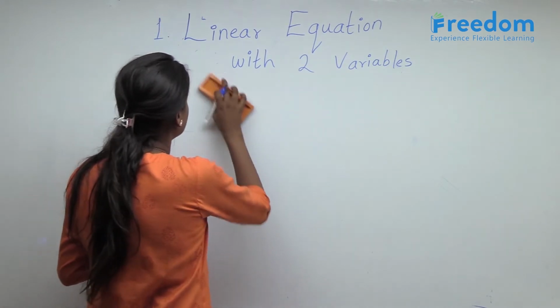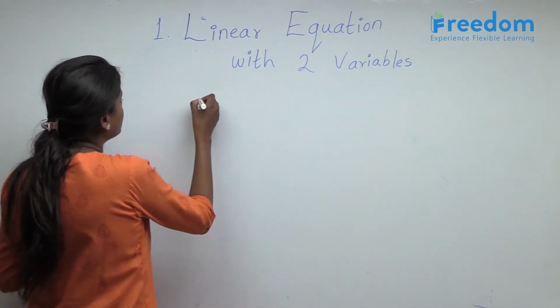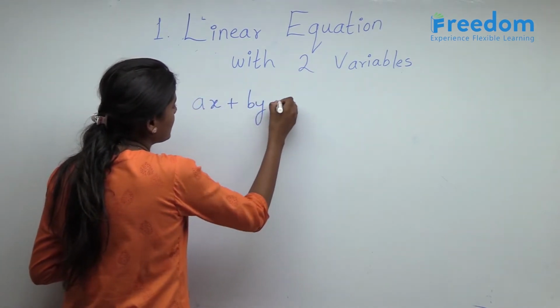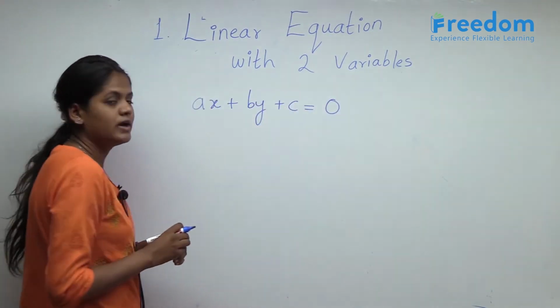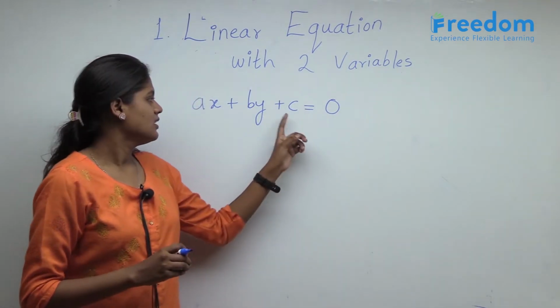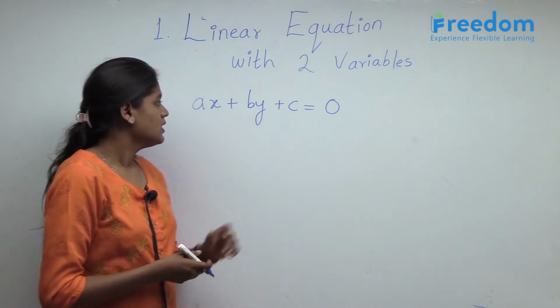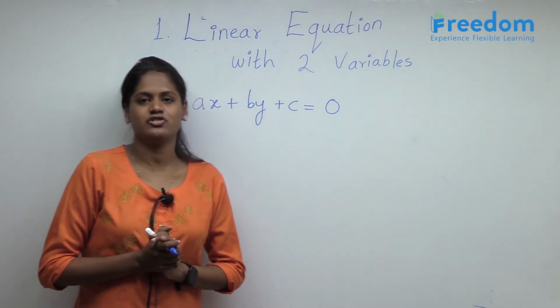So let's write the general form. It is ax plus by plus c equals to 0. Ax plus by equals to c is ax plus by plus c equals to 0. This is the general form of a linear equation.